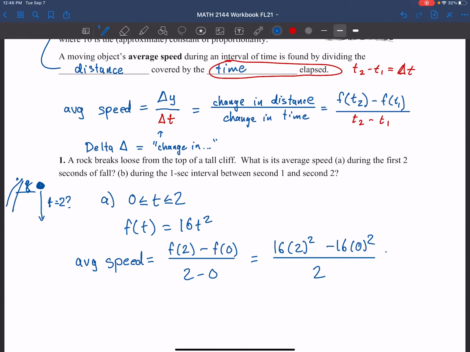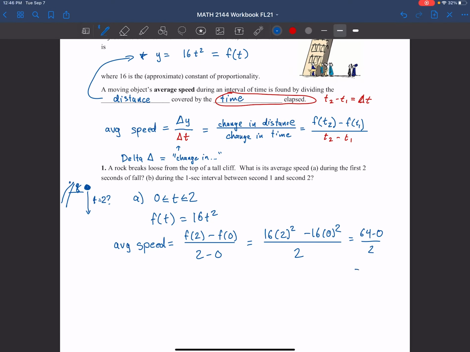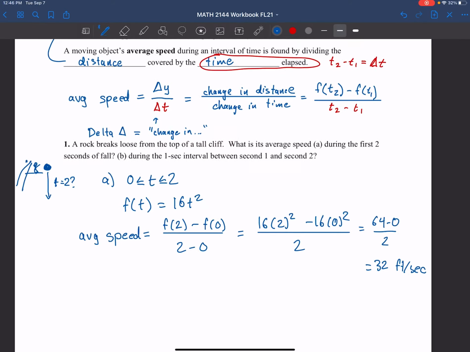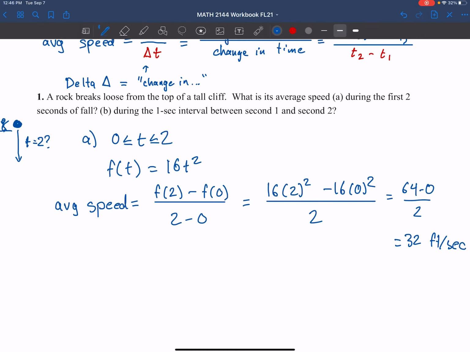And this works out to 64 minus 0 over 2, which is 32 feet per second. So the average speed of that rock that broke loose, during the first 2 seconds, was 32 feet per second.